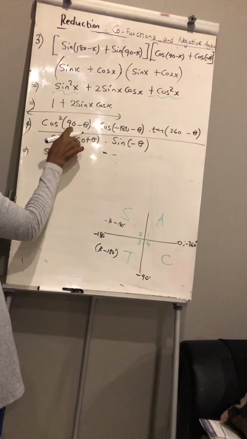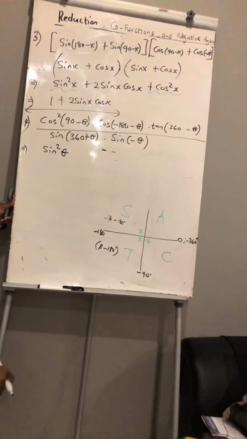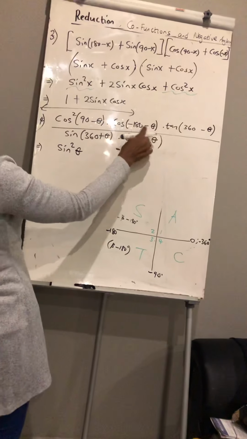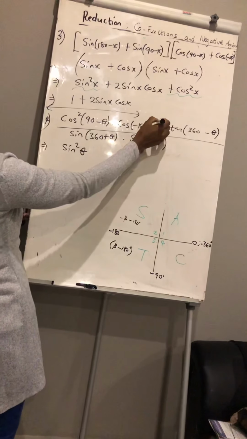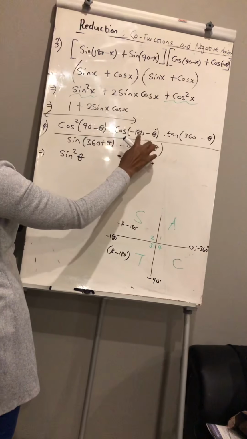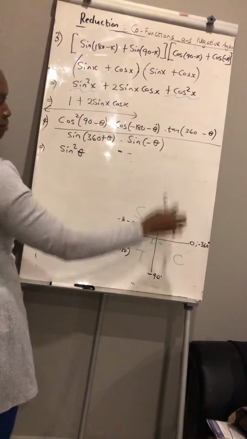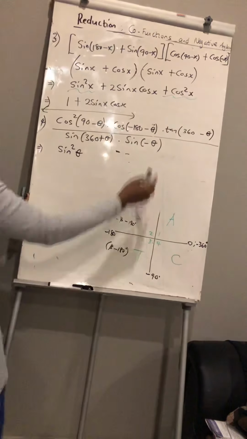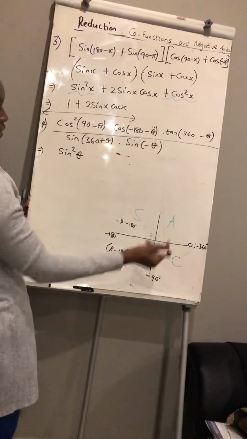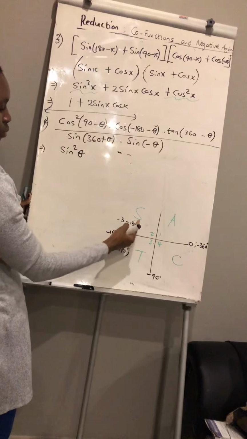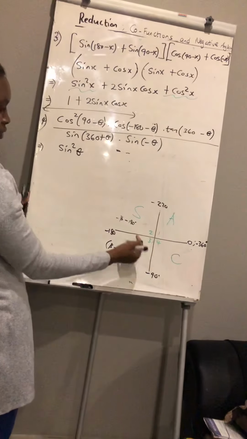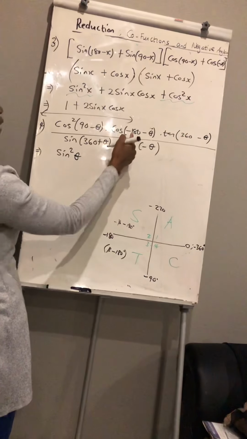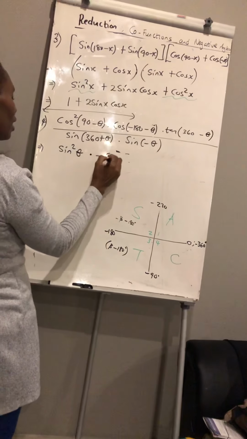You know why? The 90 changes cos to sine. And this is the type, since they are seemingly negative in every way, you put your 10 degrees there, minus 180 minus 10, that will be, say, negative 190. Negative 190, we know that it will be in this quadrant, because this is where your negative 270 will be. So second quadrant, cosine is negative.